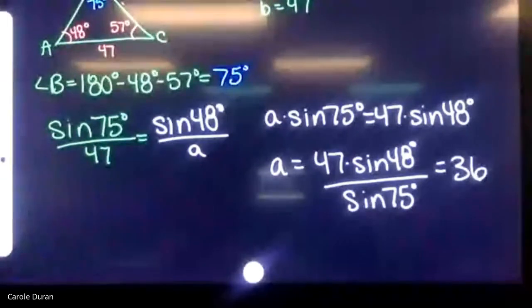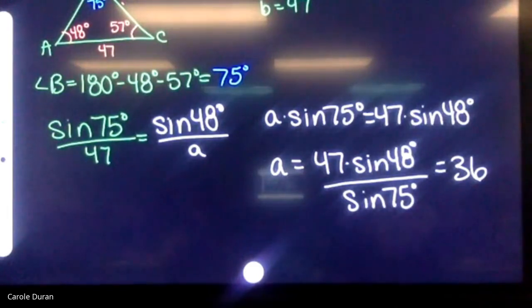And now what do I need to solve for? Side C, I'm going to do the same thing. I always like to keep using the same original complete pair. So I, again, would start with sine 75 over 47. However, if you wanted to, since we know both parts of A, you could also use A as your complete pair to base the ratio for C off of. It is entirely your choice.